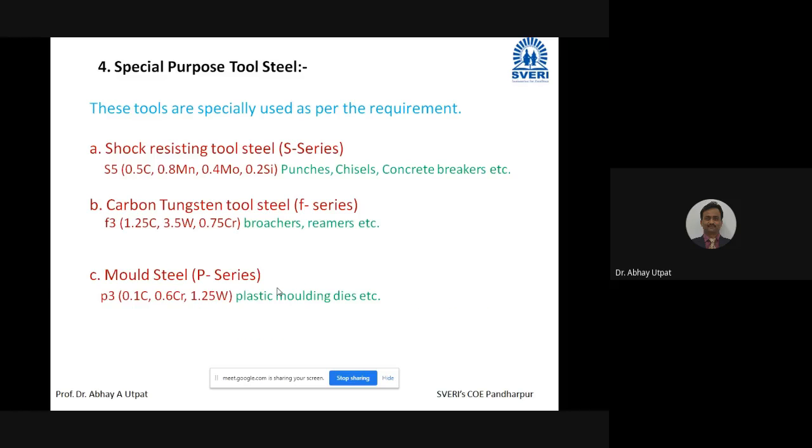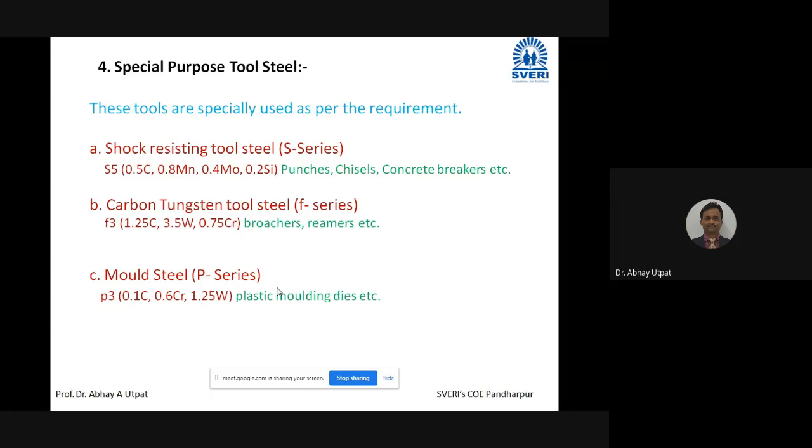Special purpose steels, this is the last. As per the requirement, the steels are prepared for making molds and other purposes. I want only shock resisting capacity to be increased. So in case of increasing shock absorption capacity, what are such applications?